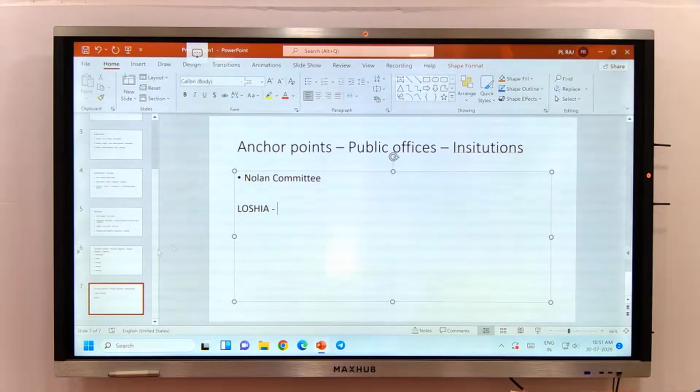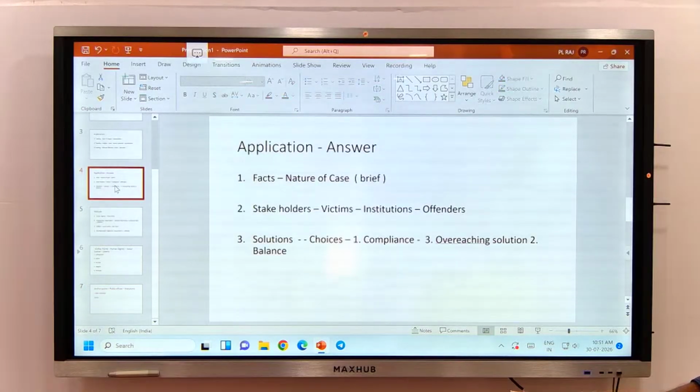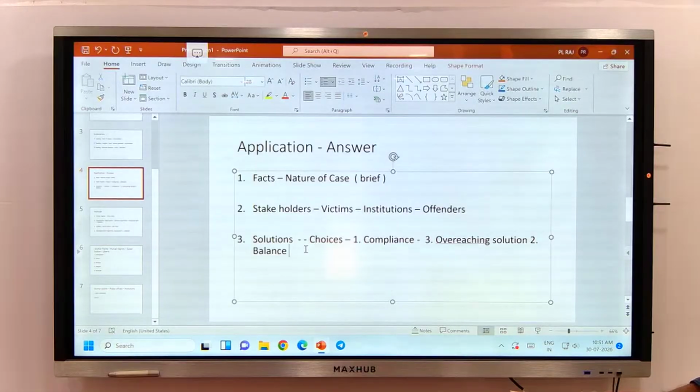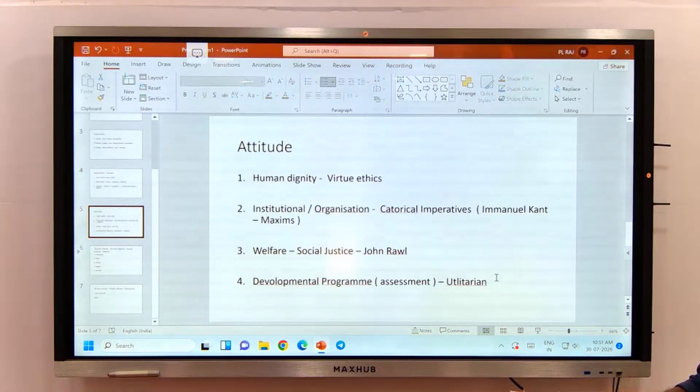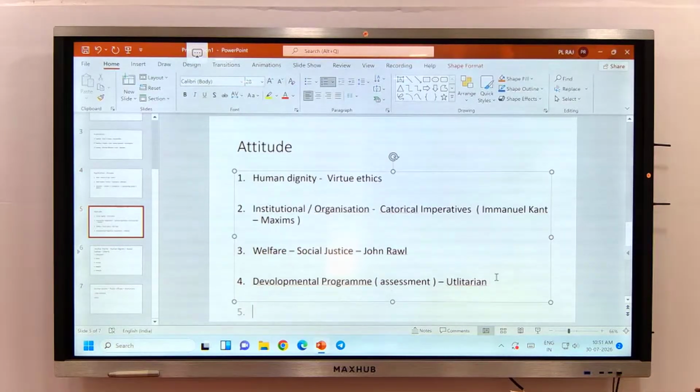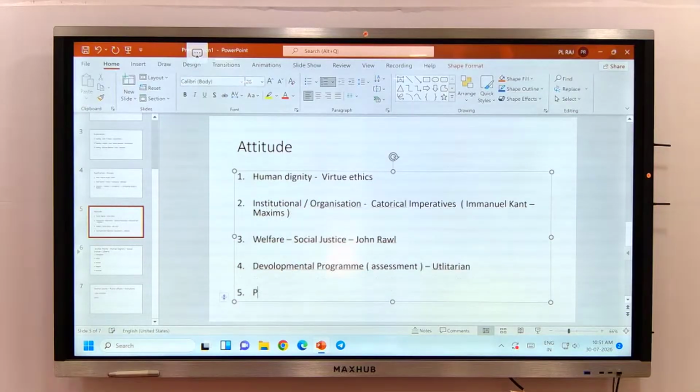Apart from this, some cases deal with different professions. Some cases deal with health problems, medical problems.